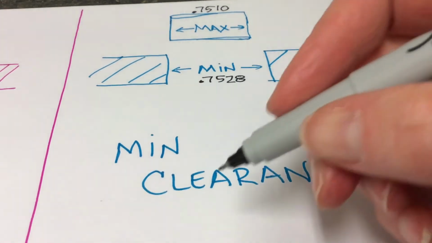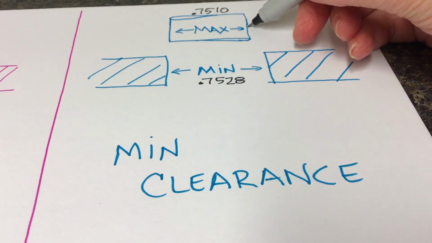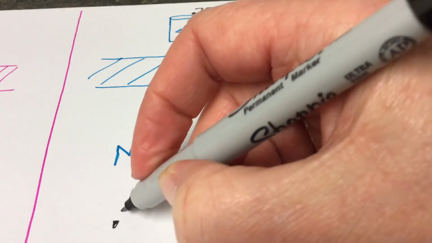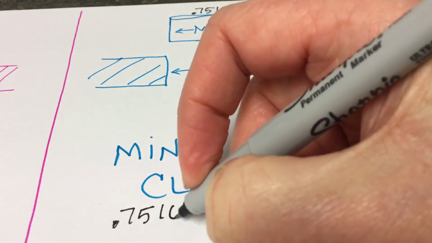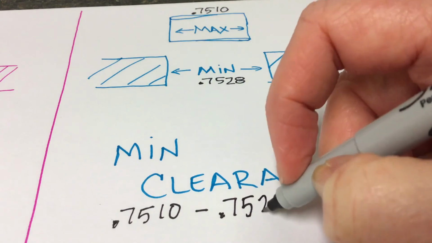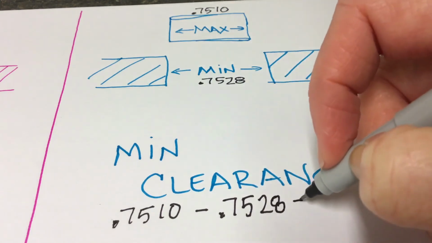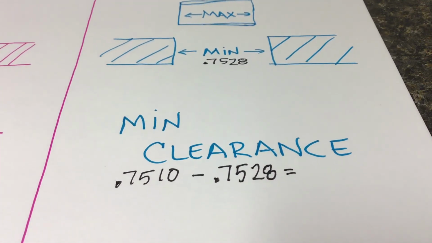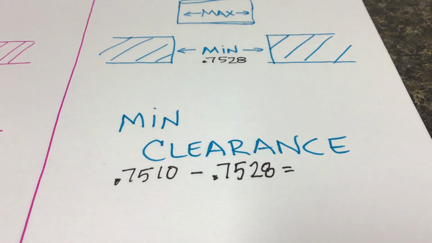And you take the minimum clearance by finding the maximum dimension of the shaft and the minimum dimension of the hole. And I really wrote those backwards. That's going to create a negative number, but we don't really record it as a negative number. It will be okay to just subtract it.